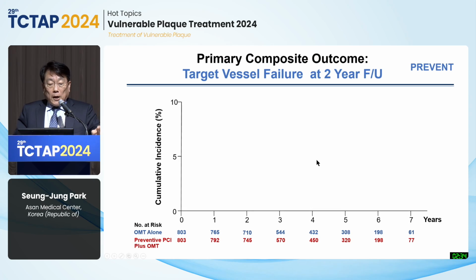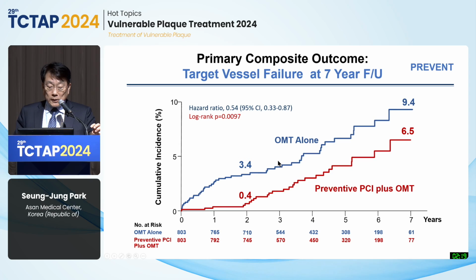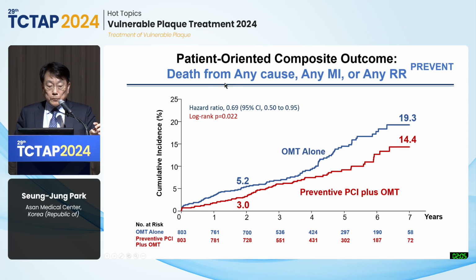As the primary outcome, composite target vessel failure at 2 years: optimal medical treatment 3.4% and preventive PCI 0.4%. A very small number of events. The efficacy is sustained at 7 years follow-up: 6.5% and 9.4% respectively, and optimal medical treatment is clearly statistically different between the two.